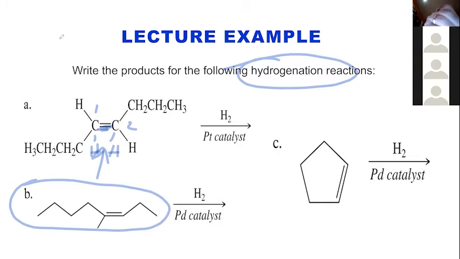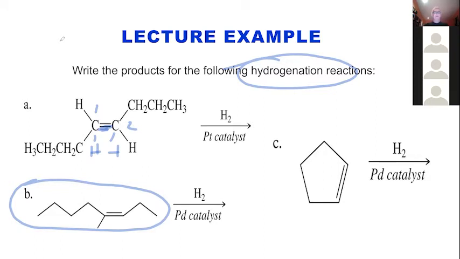So each carbon has 4 bonds. Before, carbon 1 and carbon 2 had a double bond with each other. That's 2, and then a bond with another hydrogen, and then a bond with a propyl group. So now we just add the hydrogen to each one and get rid of the double bond.